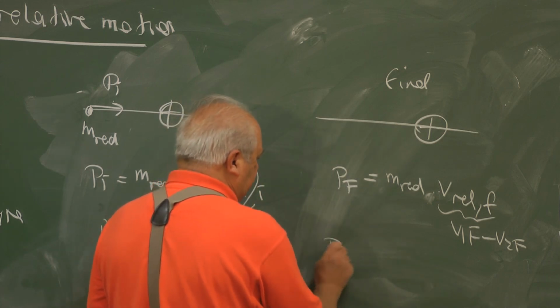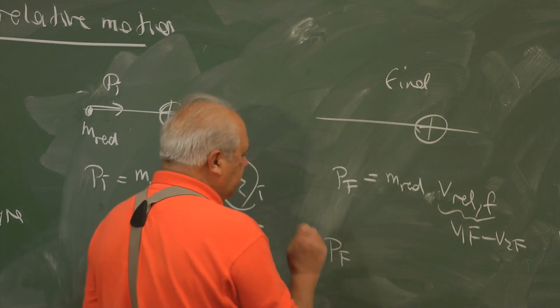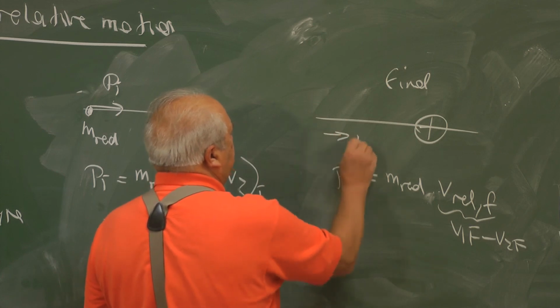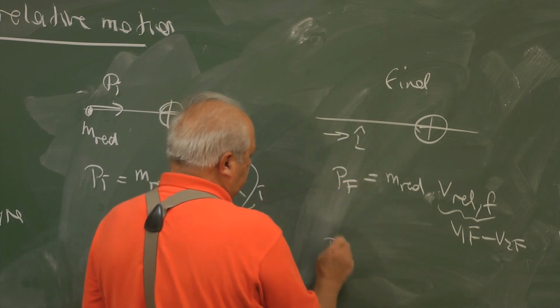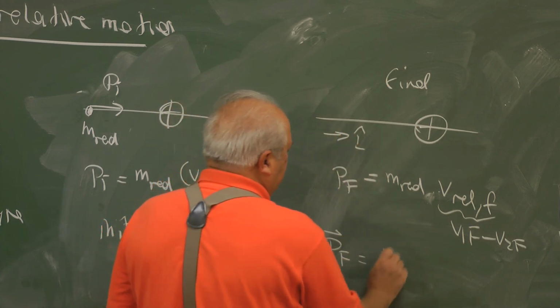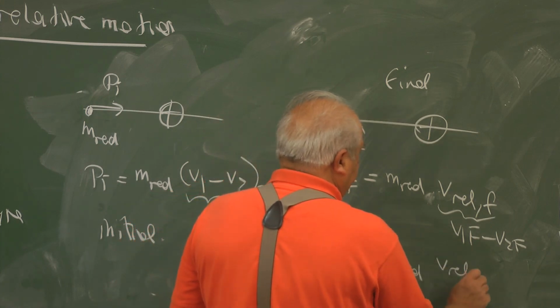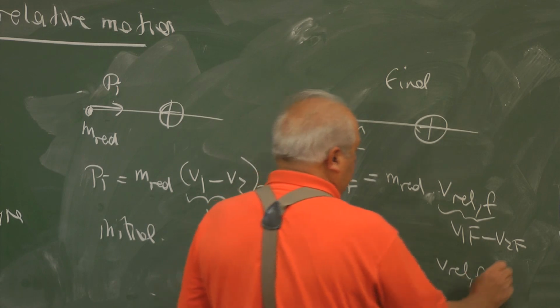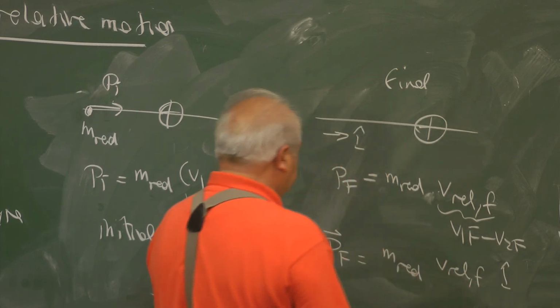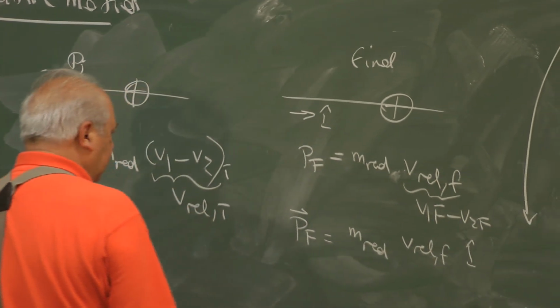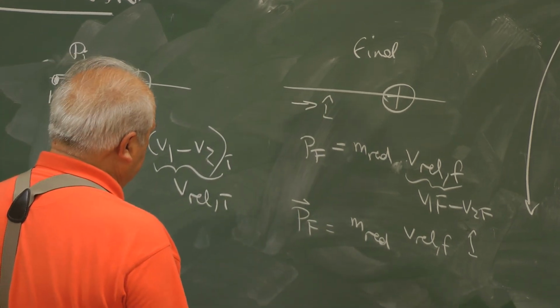It will simplify one dimension. Let me call this vector I or X. PF is M reduced V relative F times I. I want this vector to look the other way.